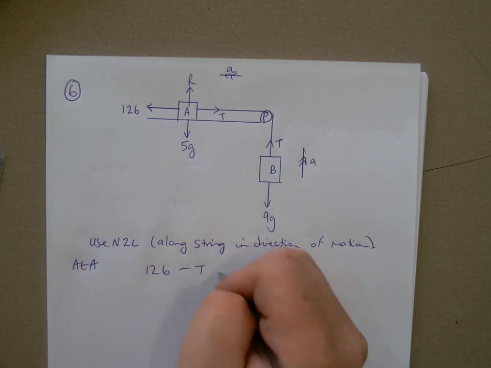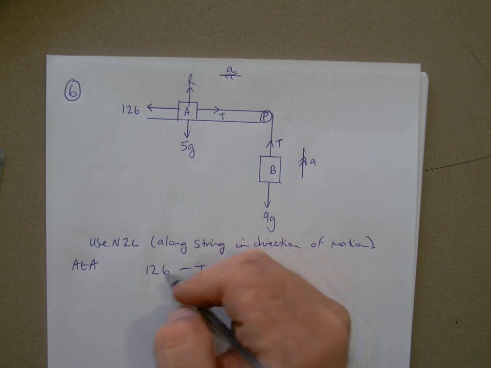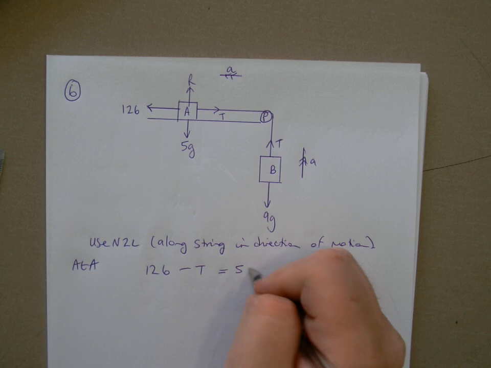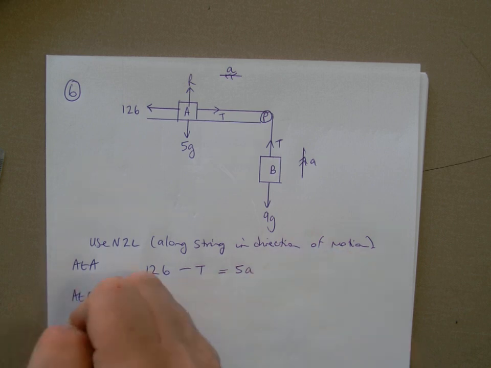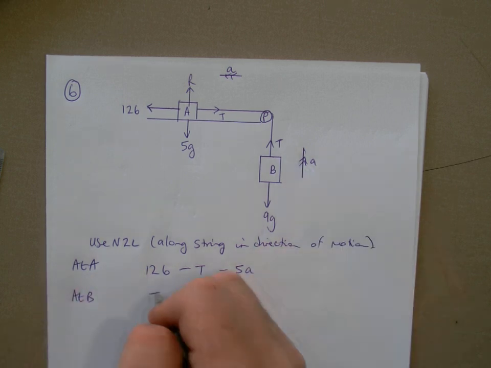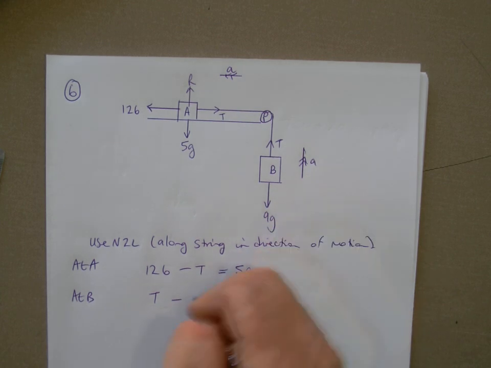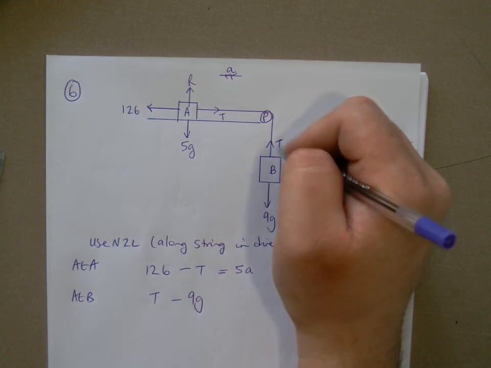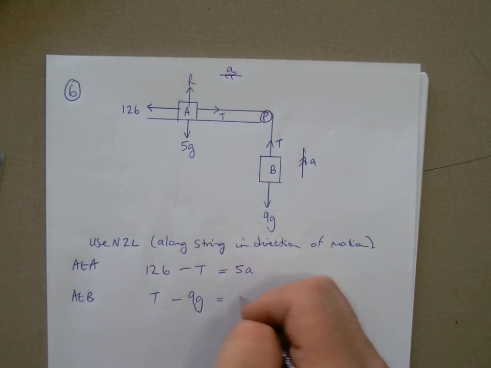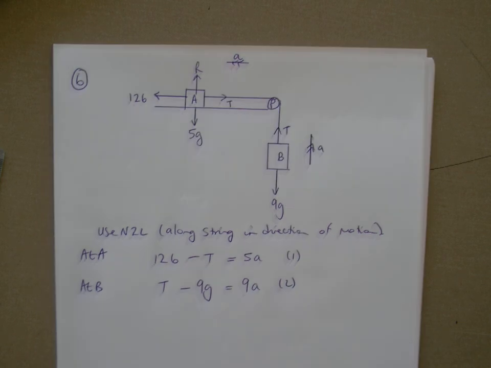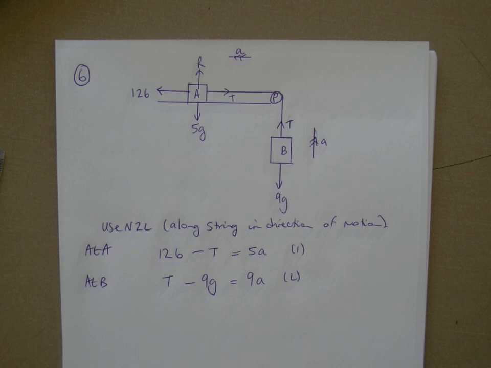So the resultant force, 126 minus T, equals mass, which is 5 kilograms, times the acceleration. And at B, the tension in the string is pulling up B. Take away the weight, which is 9g, so the resultant force, T minus 9g, equals mass, which is 9, times acceleration. So we've got equations 1 and 2. Two equations are set up.